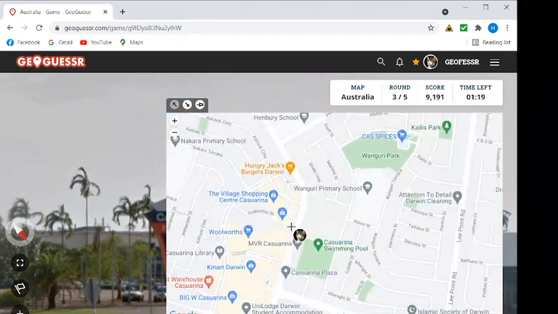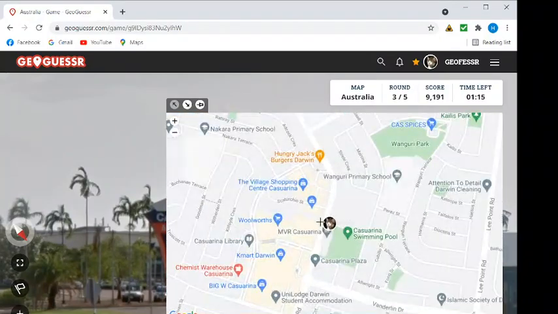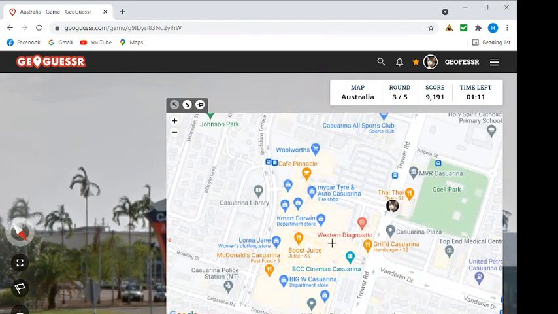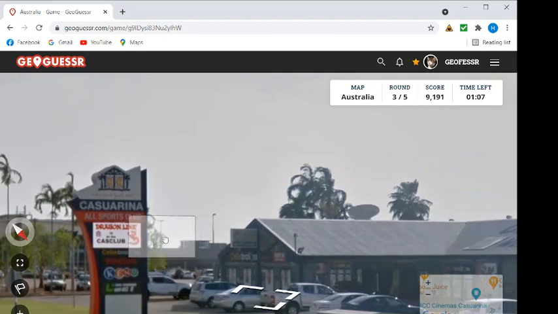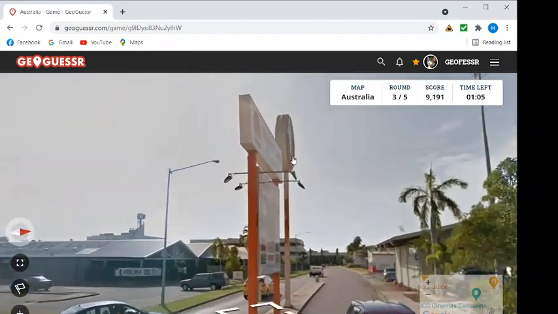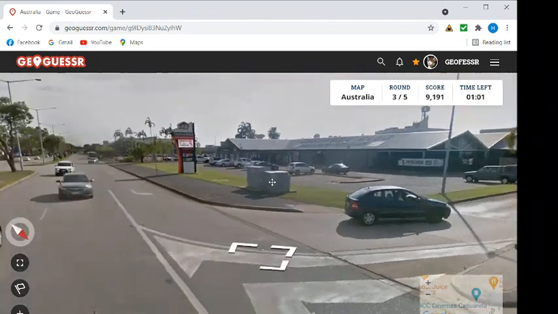Okay, so there's Casuarina Beach here, and there's Casuarina neighborhood here. So I'm thinking this is somewhere around this shopping plaza. Shopping center Casuarina, yes.